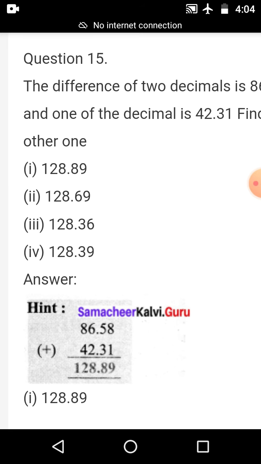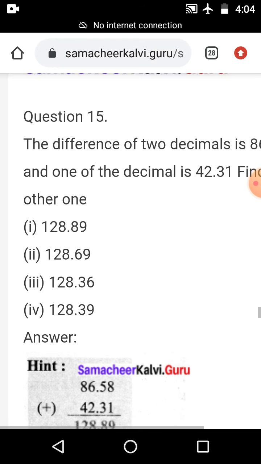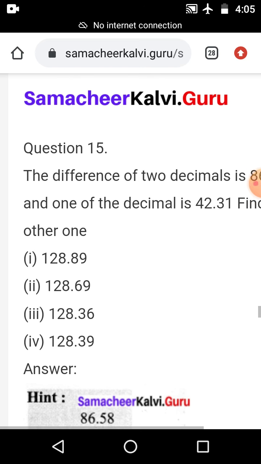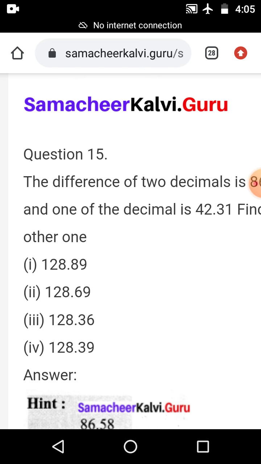The difference of two decimals is 86.58. One of the decimals is 42.31.